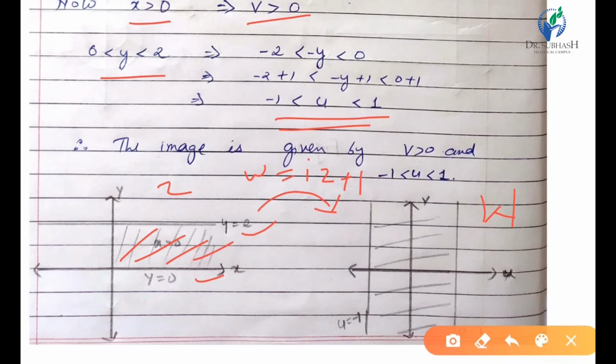And what is obtained in w plane is minus 1 less than u less than plus 1. So minus 1 and plus 1, we have got the image, and what we have to consider is only v greater than 0, that is only the positive part will be obtained.